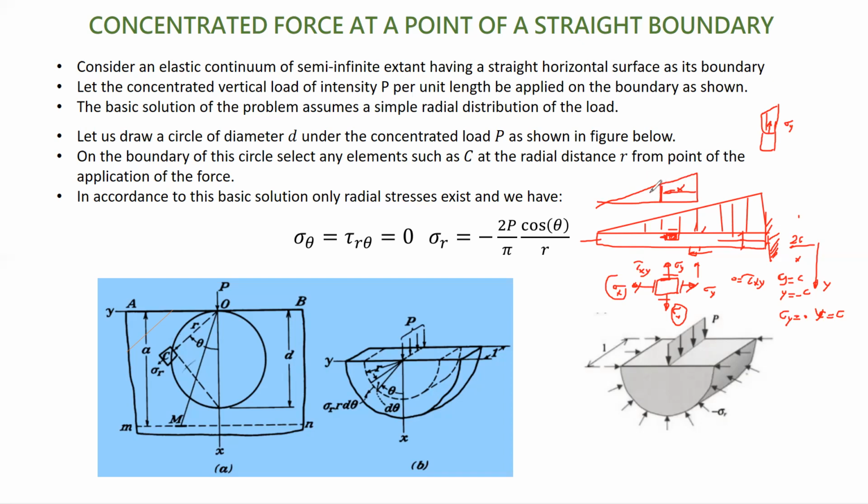So what is this actual, if I call it B and call this A, in this triangle, and at this distance is x, you can write the similarity of these triangles, the larger and smaller one, and say B over A is equal to, if the total length is L, L minus x over L. So you can calculate what is B, which is the intensity of the load there, and that should match sigma y.